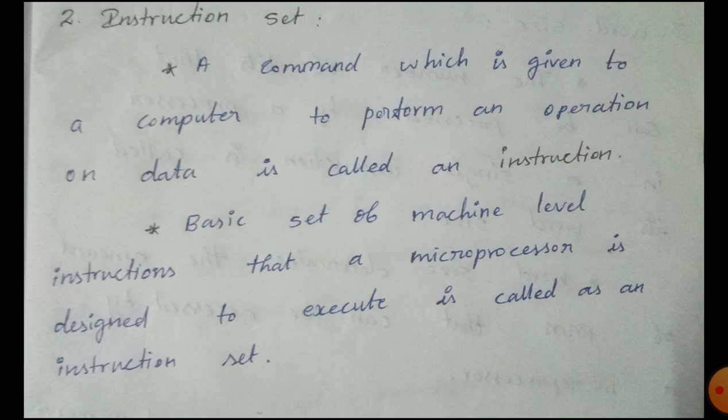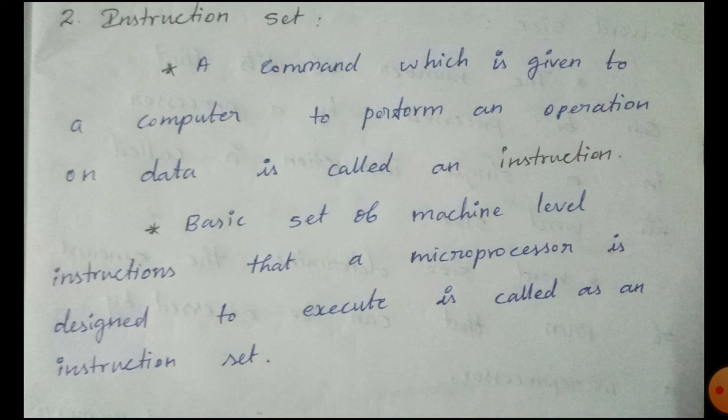The next one is instruction set. A command which is given to a computer to perform an operation on data is called an instruction. Okay, what is called an instruction set?